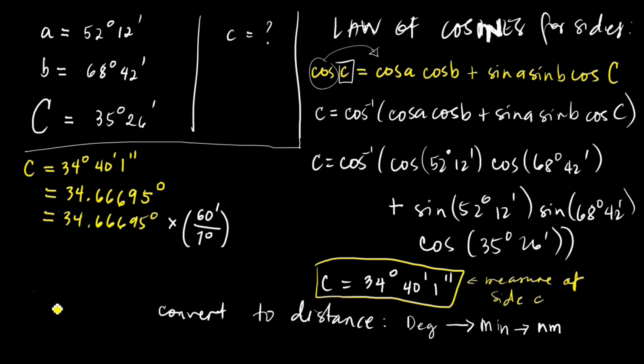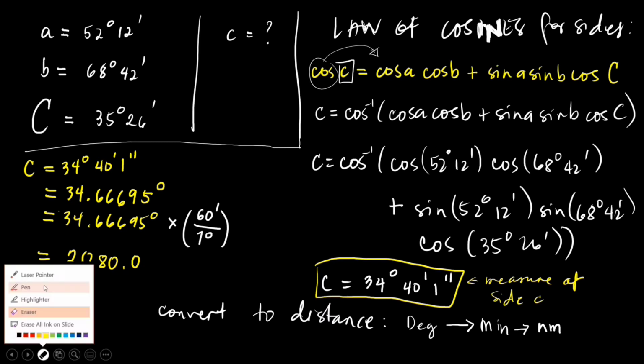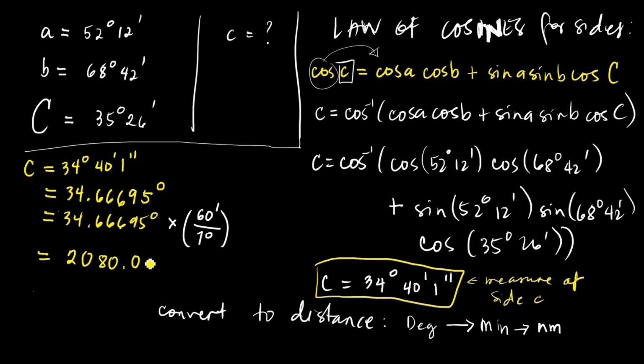So in your calculator, you just multiply it by 60. The answer is 2080.02, since this is not yet the answer, let us just have the three decimals. Then the unit is minute.